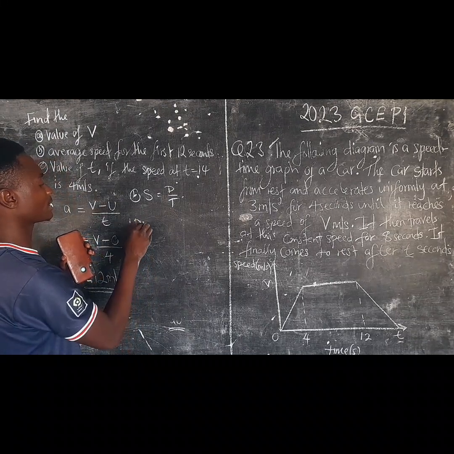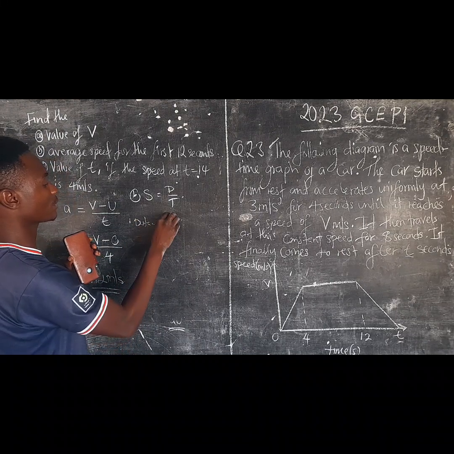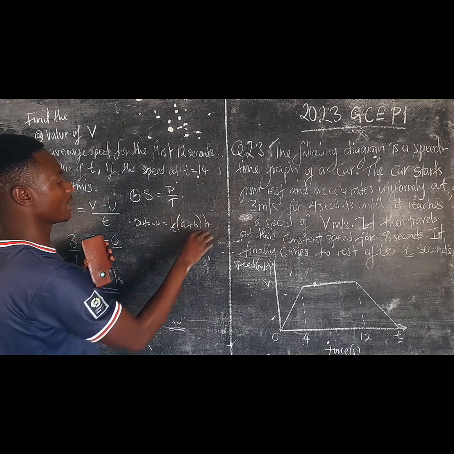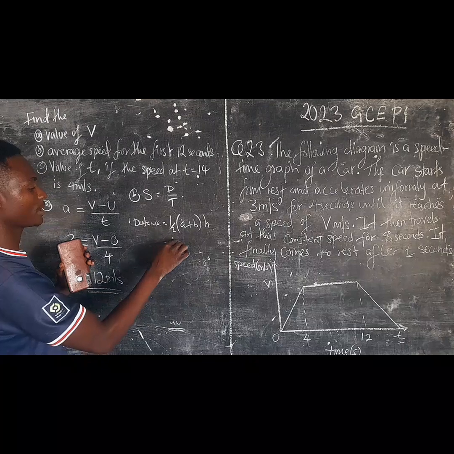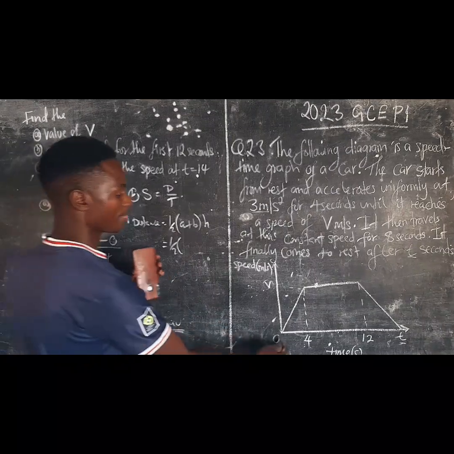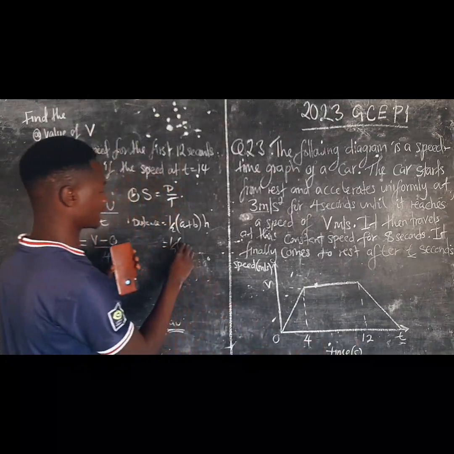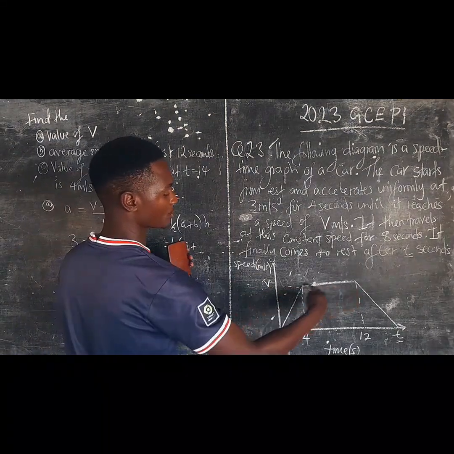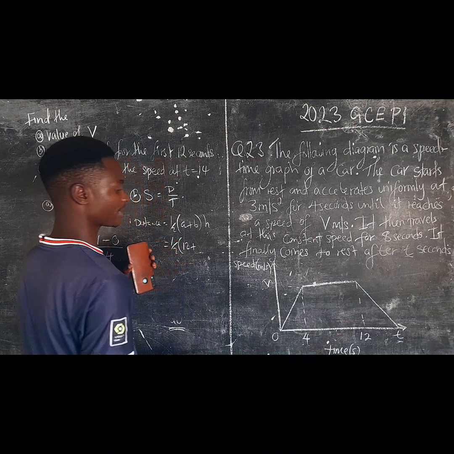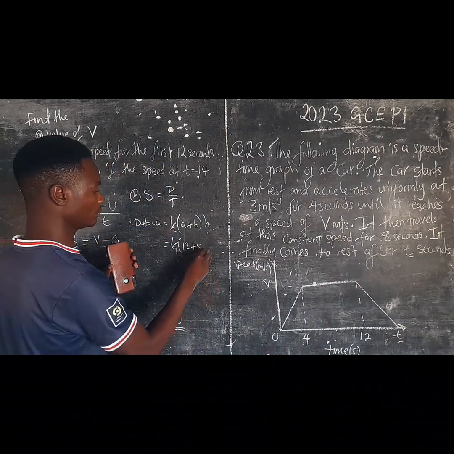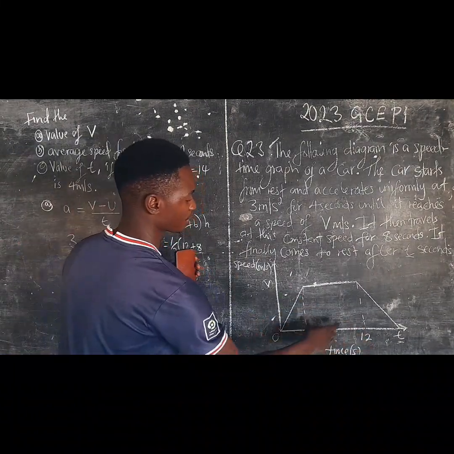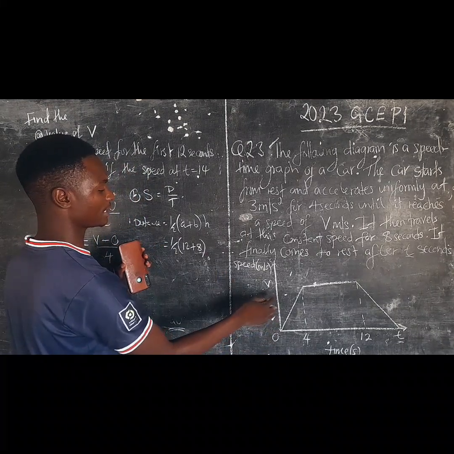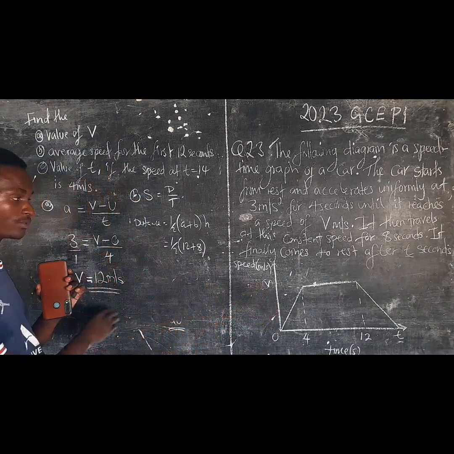So I'll just write distance is equal to half (a plus b) h, where h is height. So a, from 0 to 12, we just get 12. Then the b here, from 4 to 12, the difference is 8. Then our height here is v, and we found v to be 12.